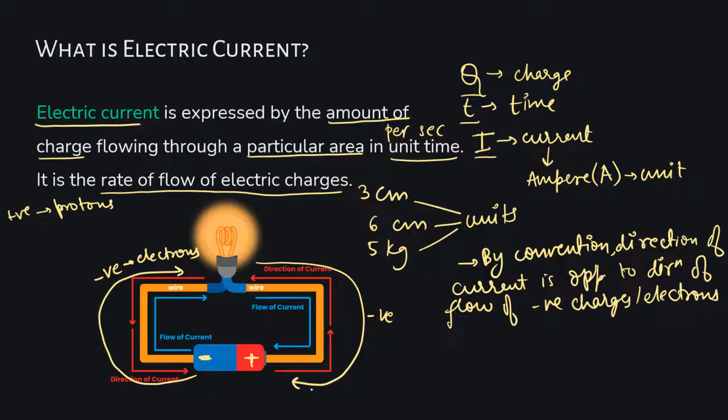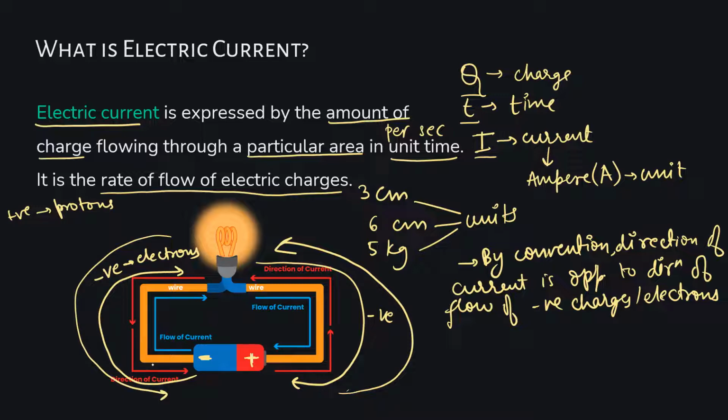So basically, now who can tell me, if electrons are flowing in this direction, then what would be the flow of current? Like we just said that by convention it is taken opposite. So that means current would be flowing in this direction, like this.